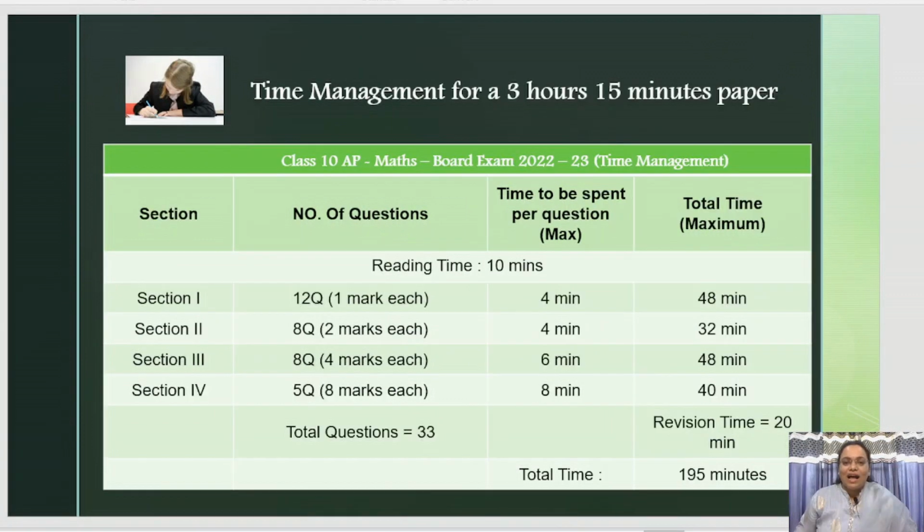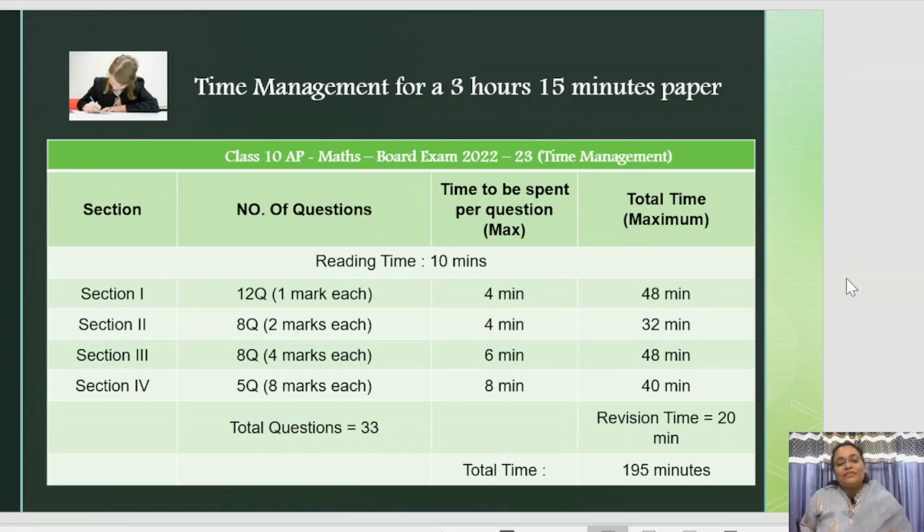Let us see how we manage time for class 10 AP students while writing the exam. AP students will have 4 sections. In the first section, they have 12 questions, each carrying 1 mark. If you take 4 minutes to write one question, you can complete section 1 in 48 minutes.